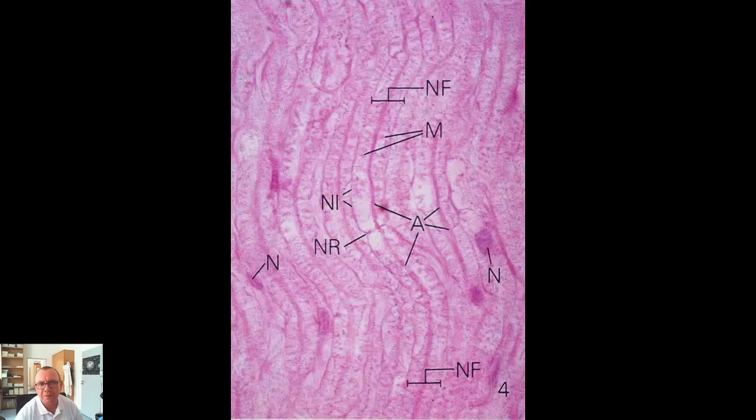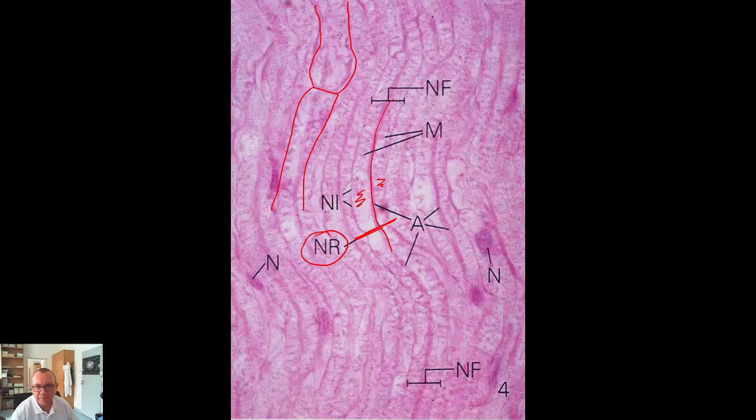If you use longitudinal section, you can see axon surrounded by myelin sheath, and this myelin sheath is from time to time interrupted by nodes of Ranvier, which show the end of one internodium and the beginning of another internodium. Each internodium is made by the wrapping of membrane of one Schwann cell.